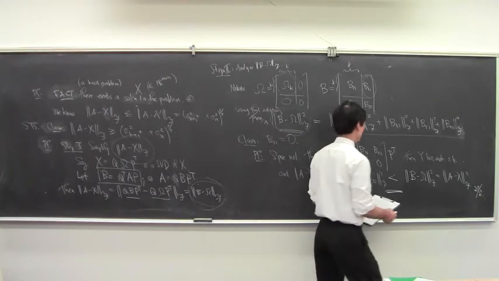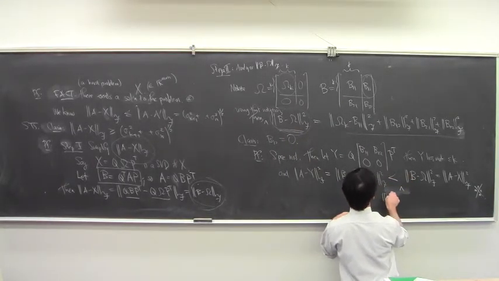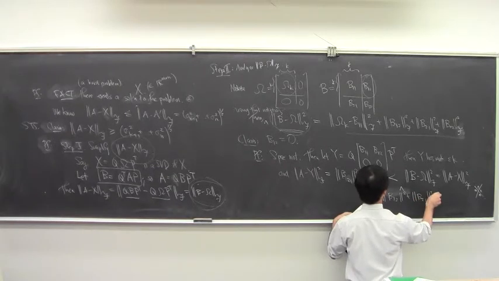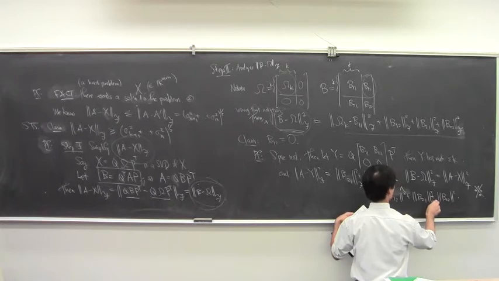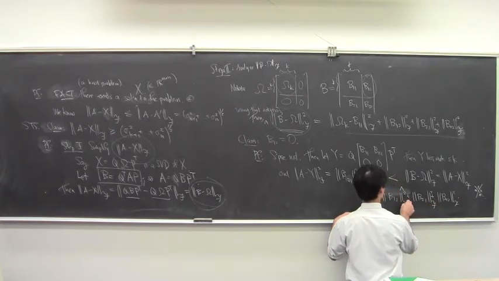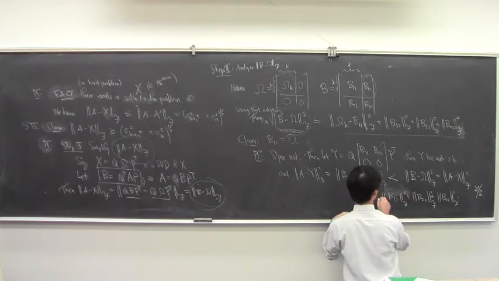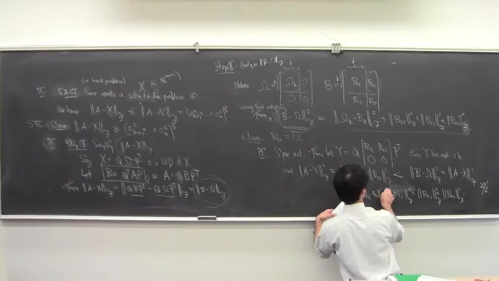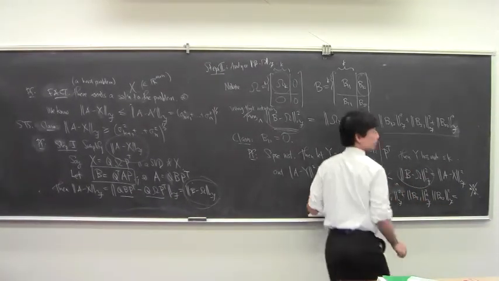B12 squared plus B21 squared plus B22 squared, plus this thing squared, which is this.